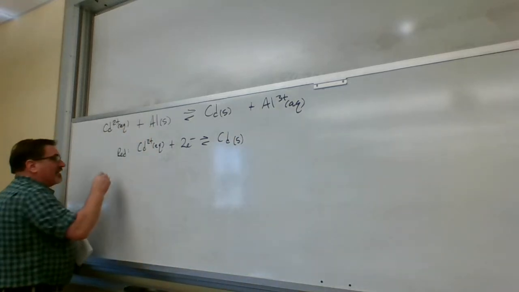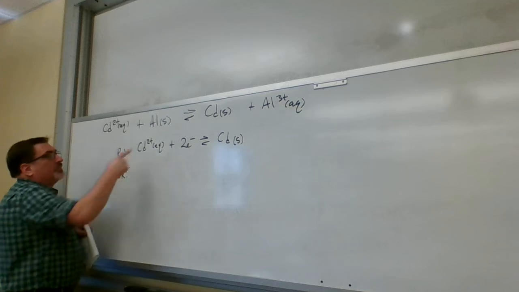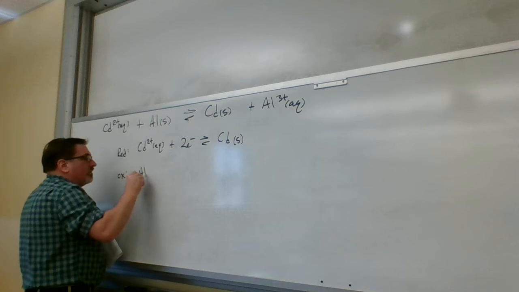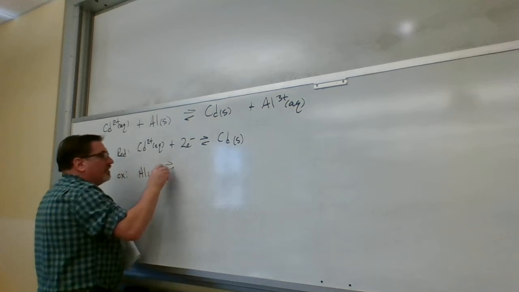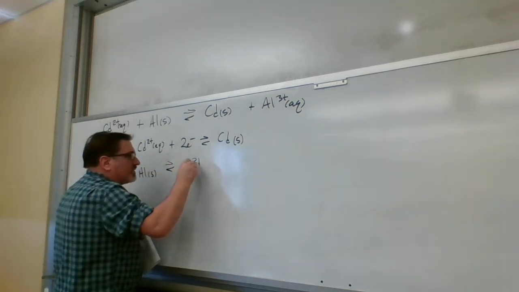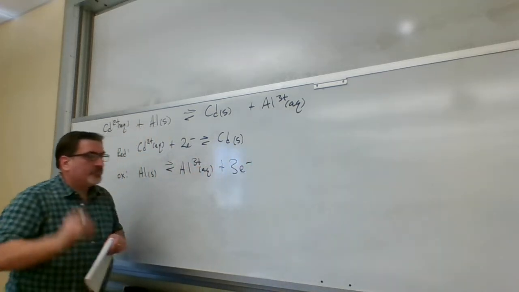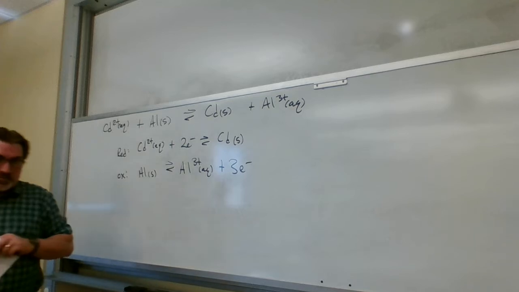Aluminum must be your oxidizing side. 0 to 3+, so it is oxidized. Al is a solid, making Al3+ plus 3 electrons.